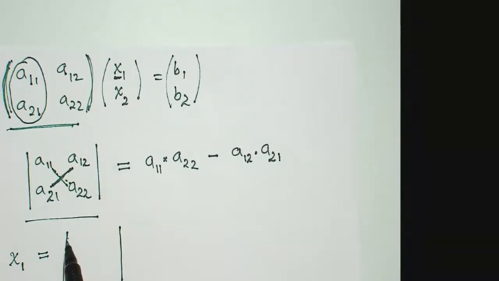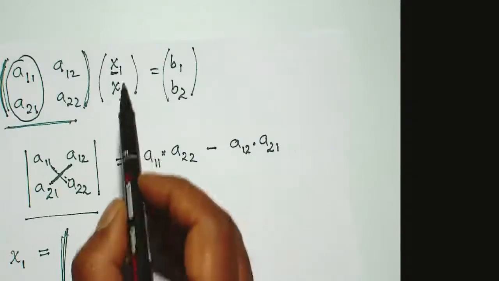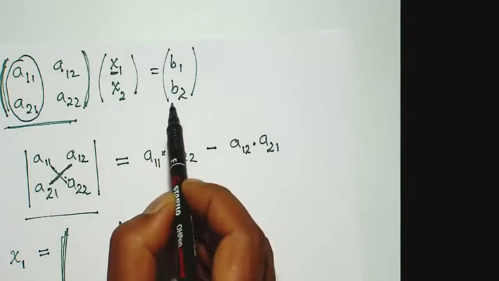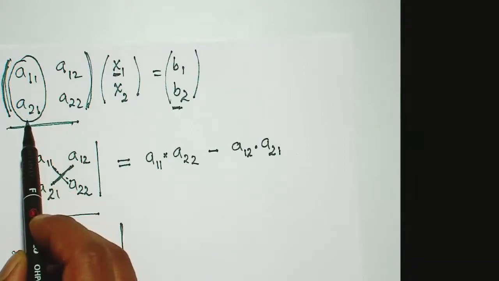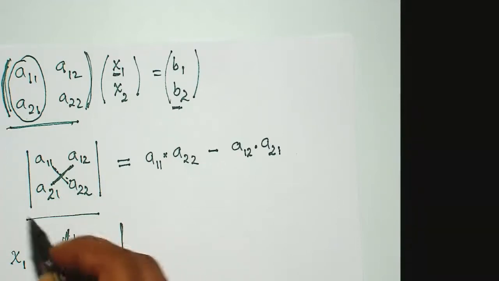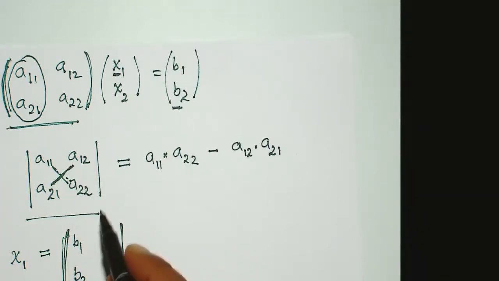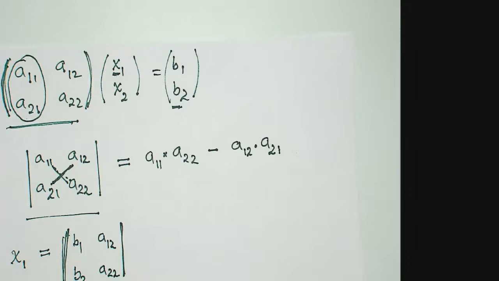So what I would do for the first determinant in the numerator is to replace the x1 values with my B matrix. The x1 values were A11 and A21, so we would replace them with B1 and B2. And the rest of our matrix remains the same, so A12, A22.